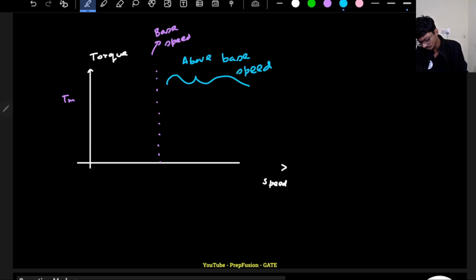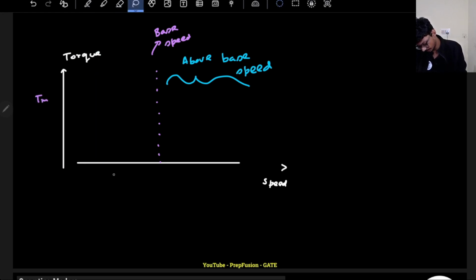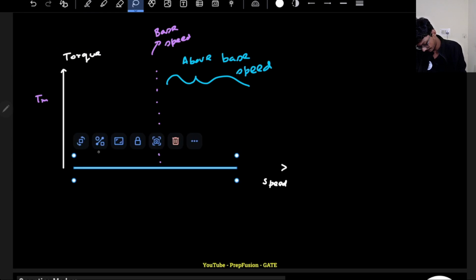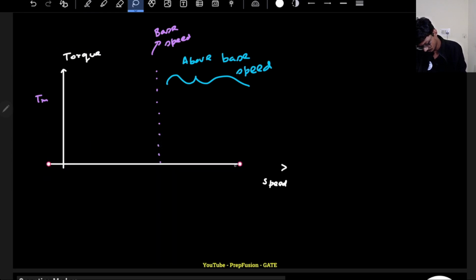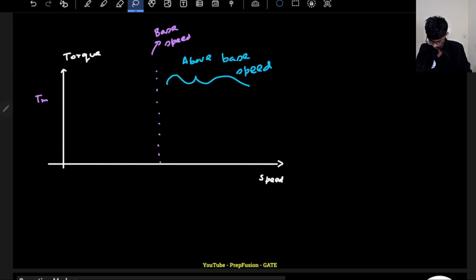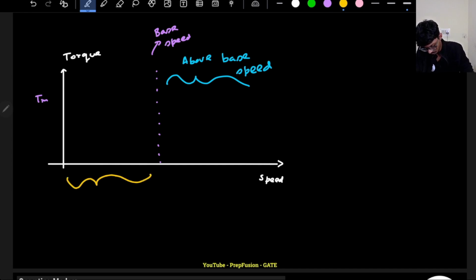This will be called the below base speed.